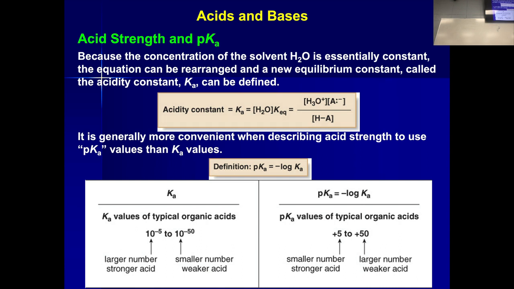HA plus H2O gives A- plus H3O+. And Ka is equal to H3O+ times A- divided by HA.